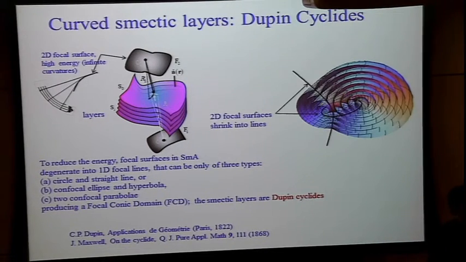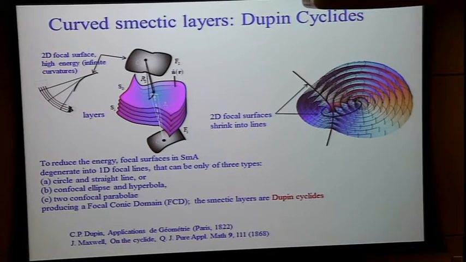And it turns out that if you want the singularities associated with your family of flexible, one-dimensionally, periodically ordered layers to be degenerate into lines, then these lines might be only of 3 basic types.